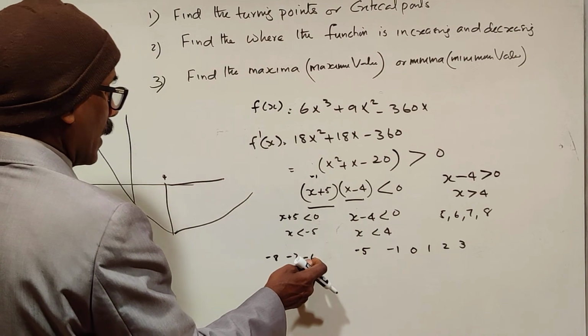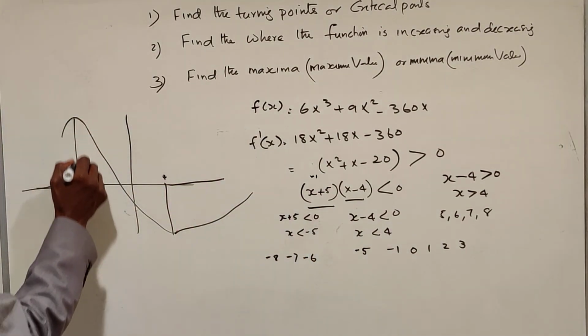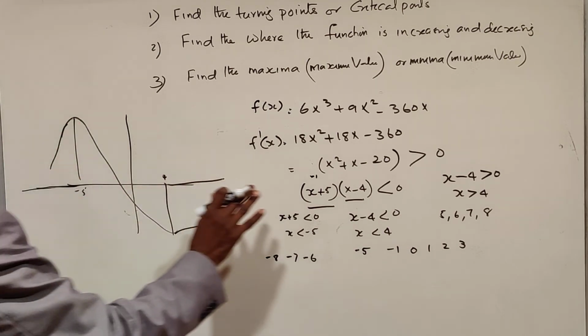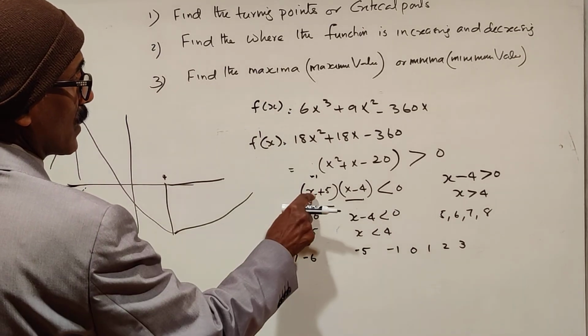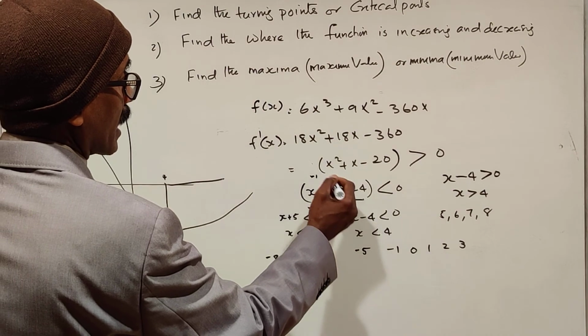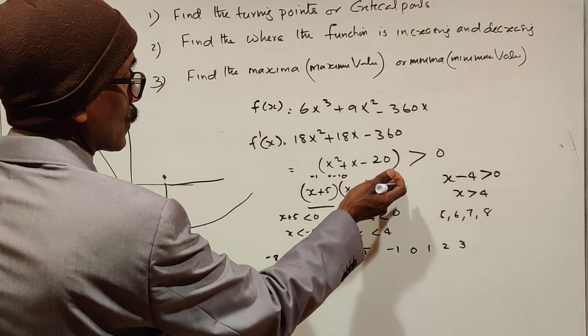So if the value is less than negative 5, the function is increasing because it is positive. For example, negative 6: negative 1 times negative 10. Negative 10 times negative 1 is positive.